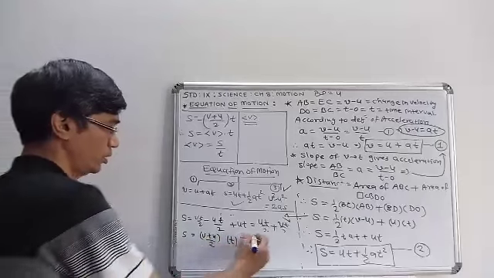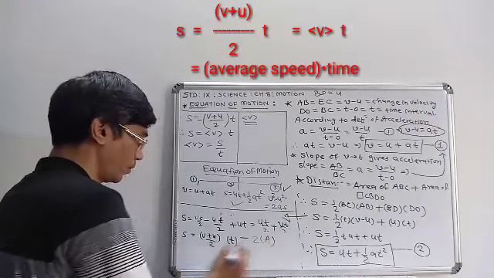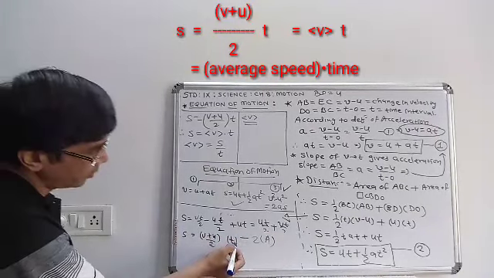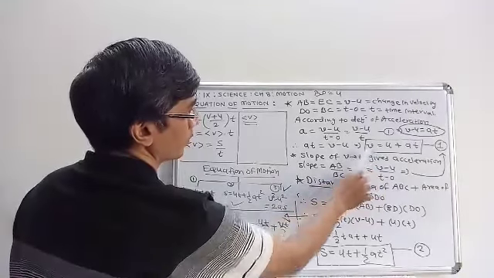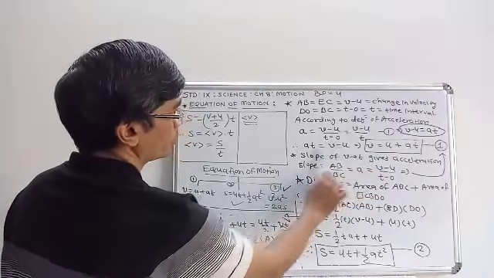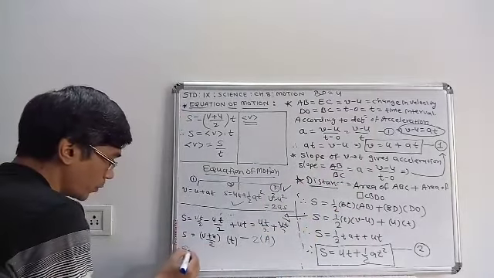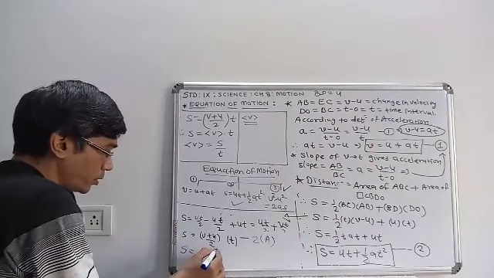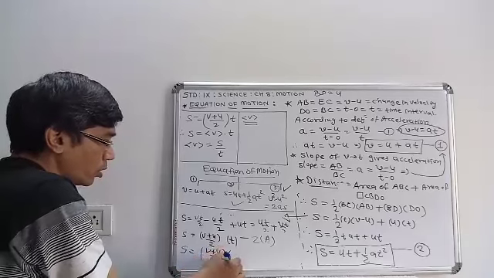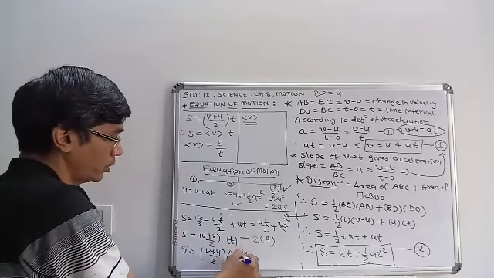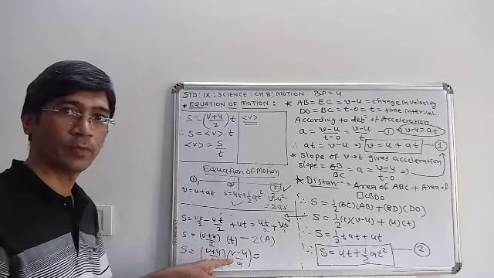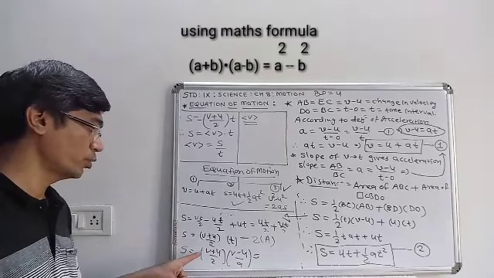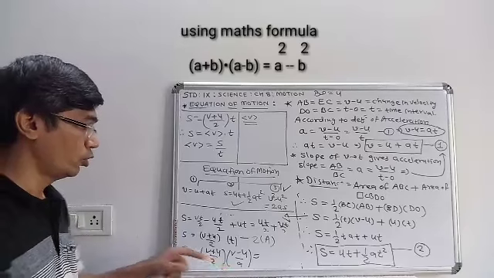This is equation 2a. Here we take the value of t from the first equation, that t is equal to (v minus u) upon a. So s is equal to (v plus u) upon 2 into (v minus u) upon a. So (v plus u) into (v minus u) is equal to v square minus u square upon 2a.